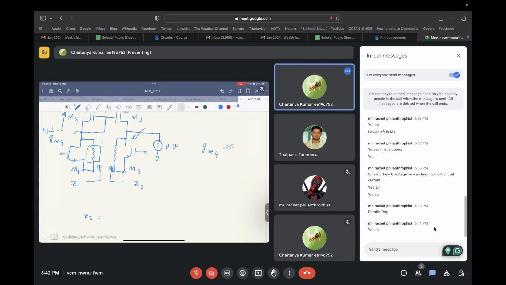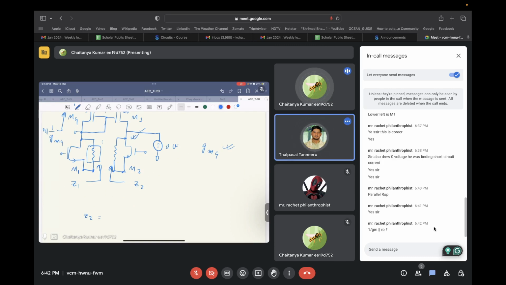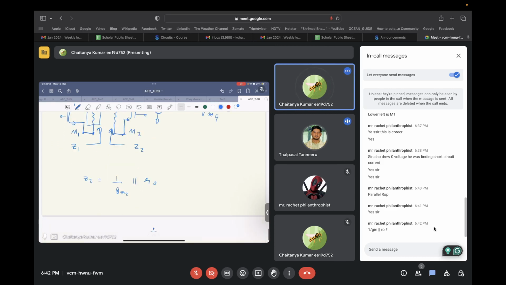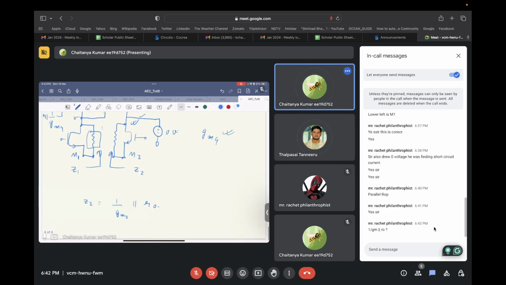Source of M2, correct. So it's basically 1 by gm2 parallel ro2. Here these two transistors are ideal, so let's call gm1 equal to gm2 equal to gmn, and ro1 equal to ro2 equal to ron.